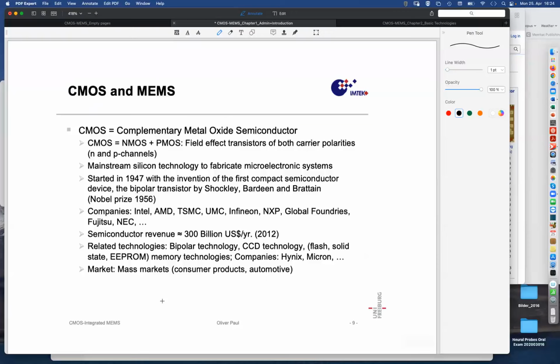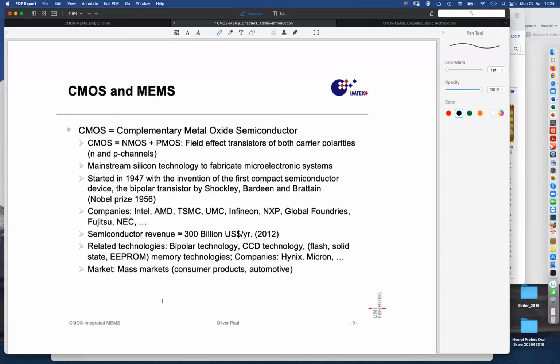This is the technology that allows microelectronic companies to produce integrated systems for doing a lot of digital signal processing, like in a computer, the CPU, or the graphical processing unit, or the DRAM or the SSD chips.